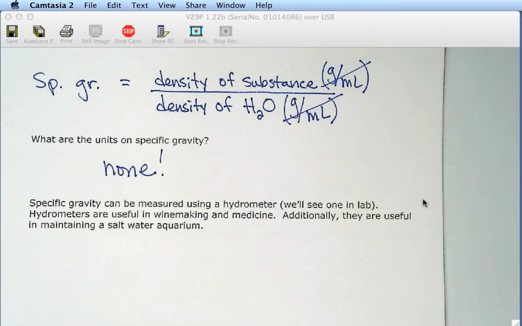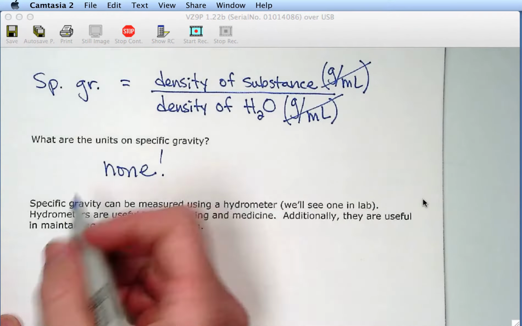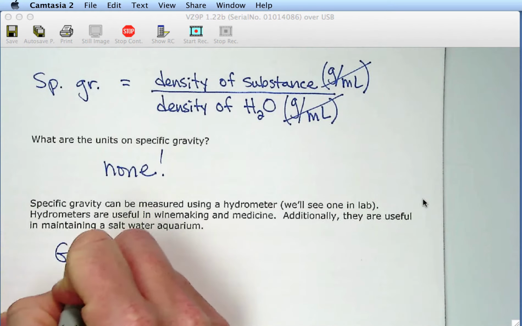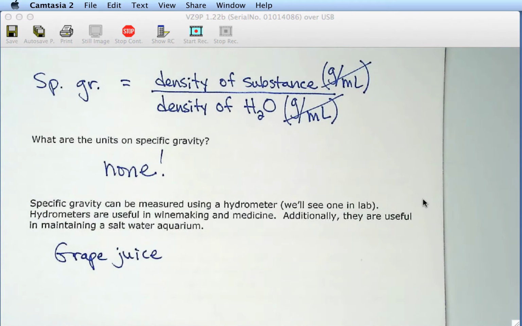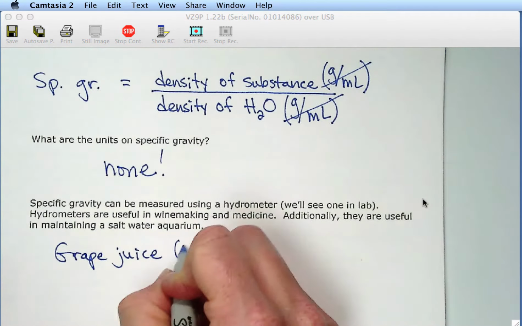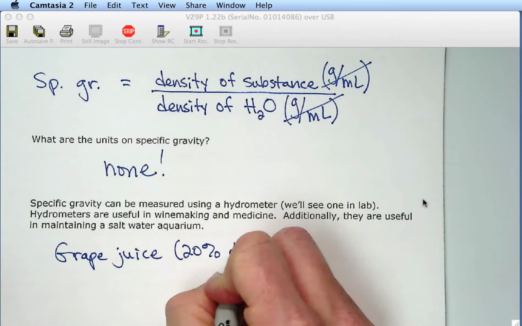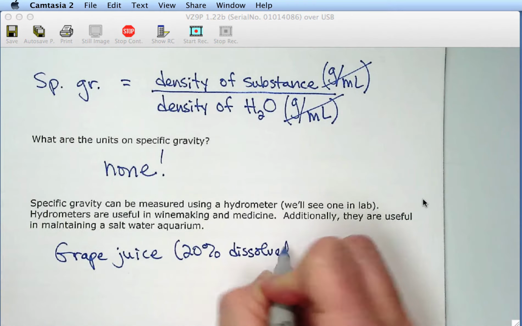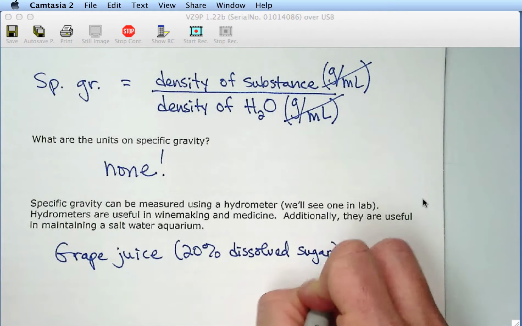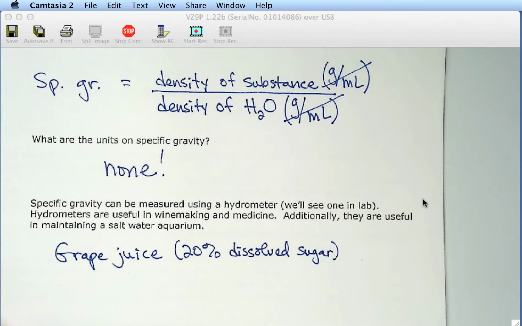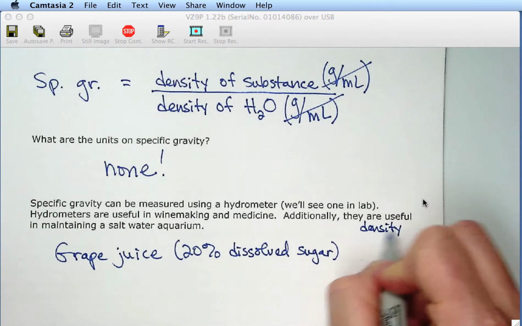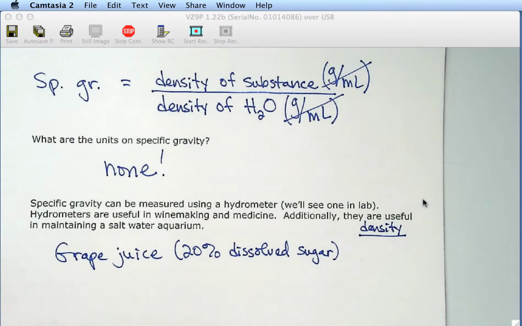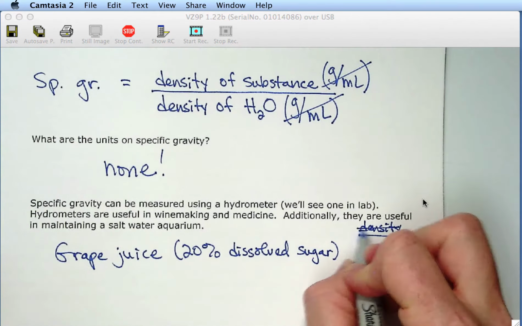I'll give you this example. Grape juice, which is what you make wine from, has 20% dissolved sugar. I had this as specific gravity.